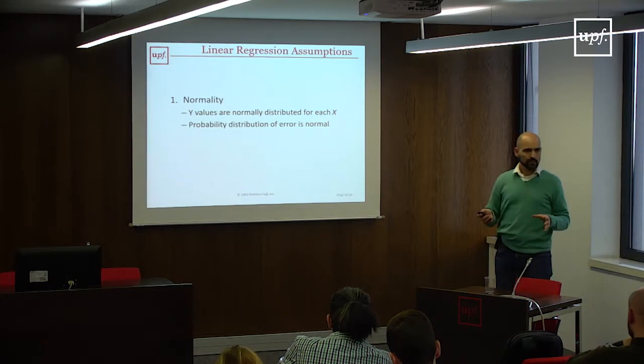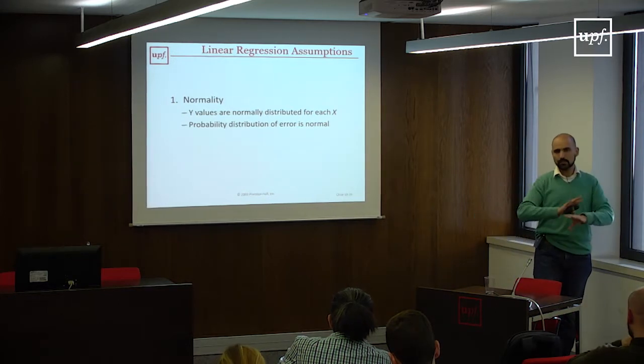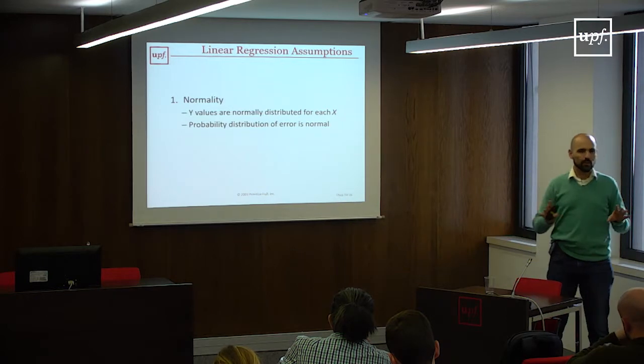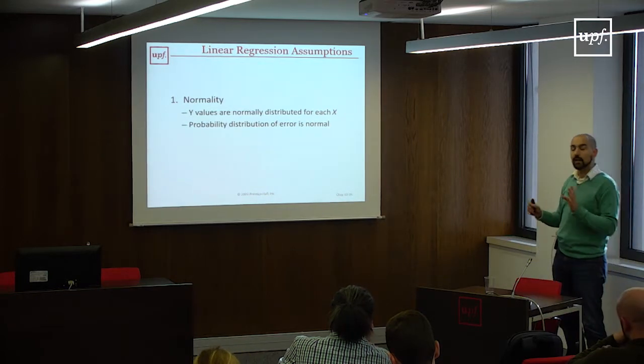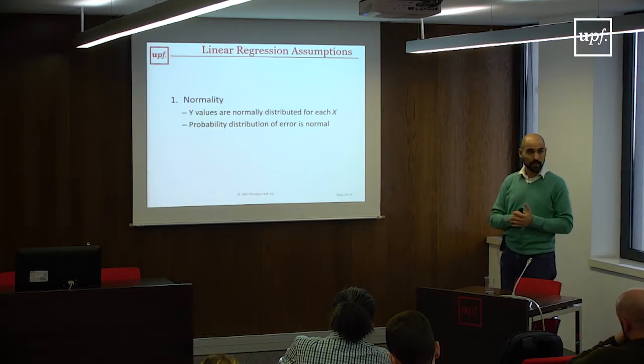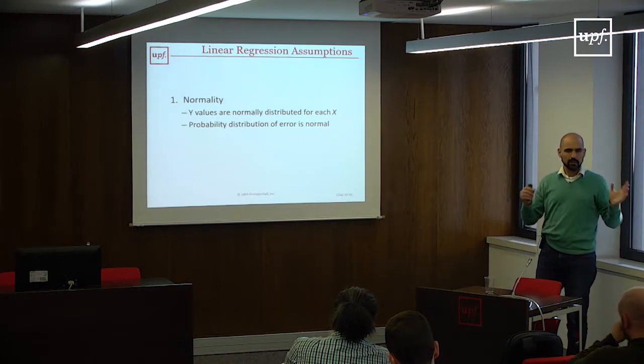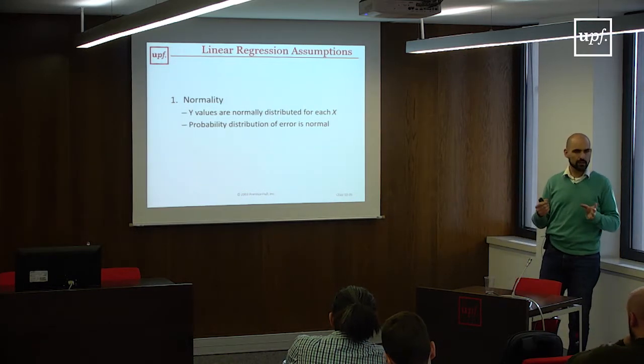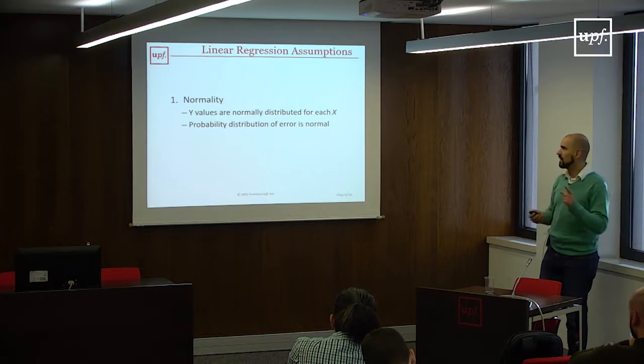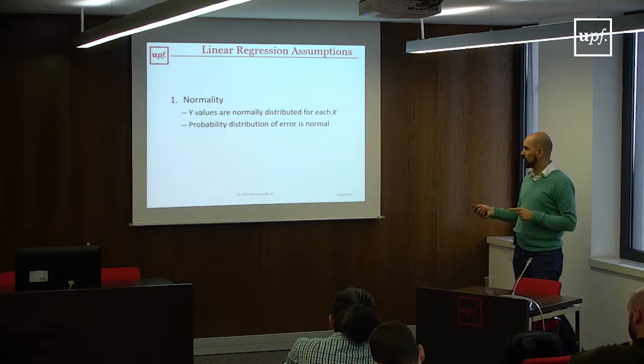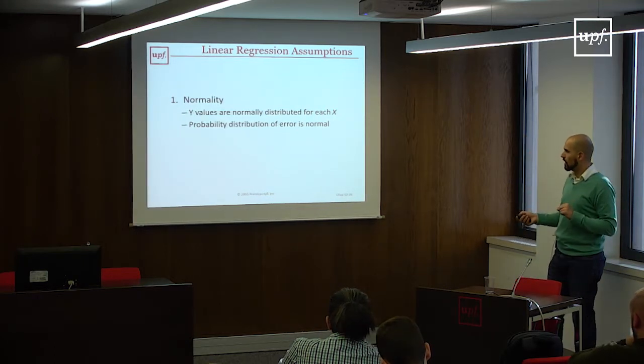Normality is a ghost that is always present when we are working with parametric analysis. All the things that we have seen are true if we have normality. What does it mean?